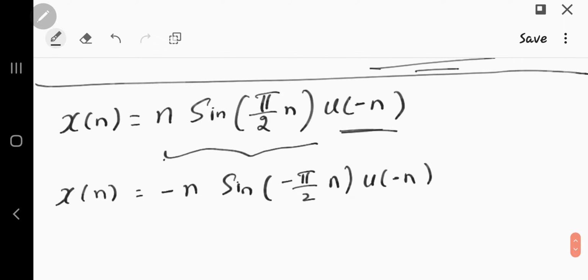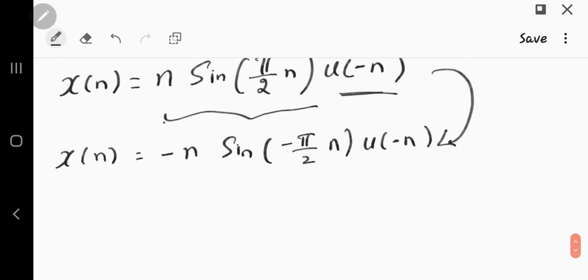So this also you can do, and you can apply the properties, differentiation and time reversal. While applying time reversal, you can rewrite this into this form.